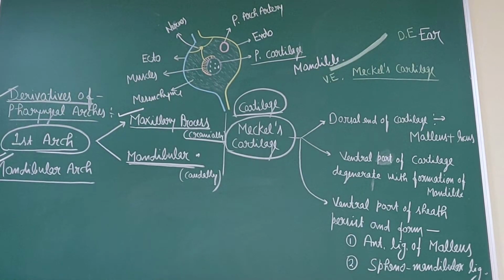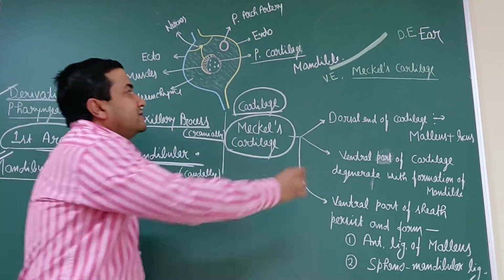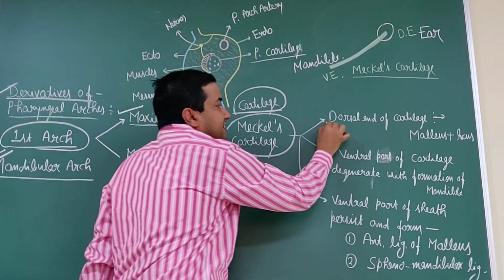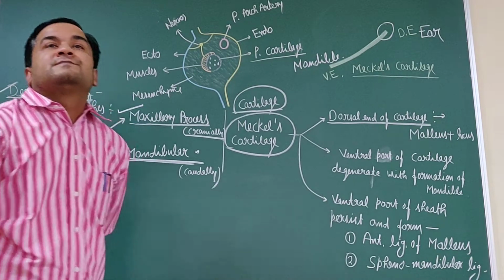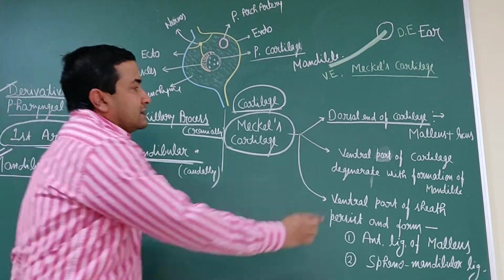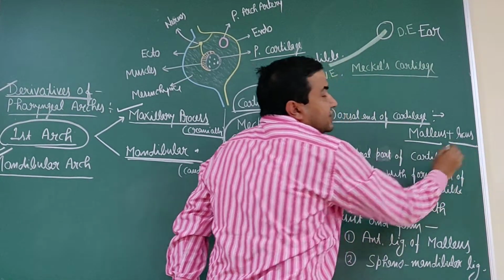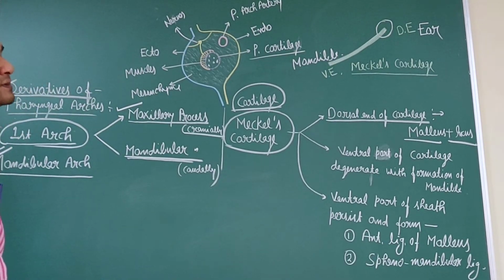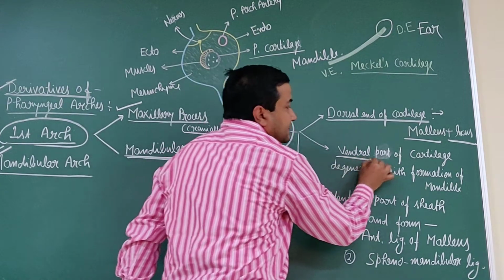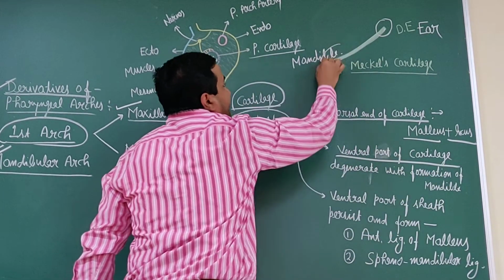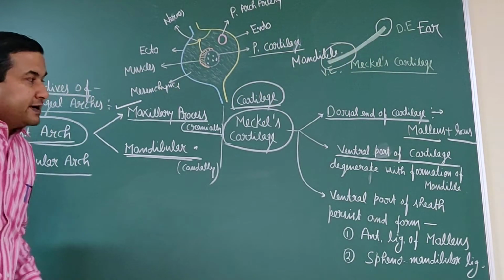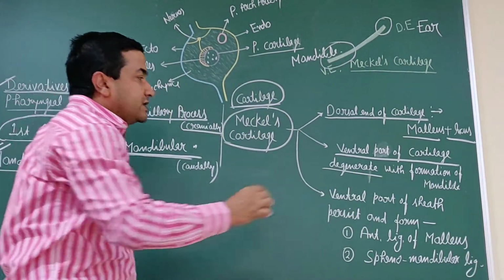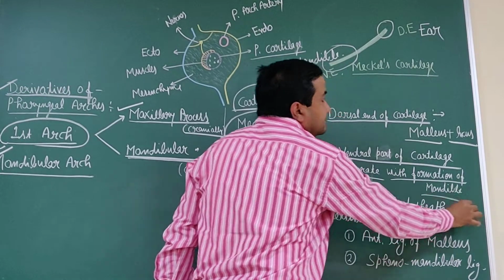Now its dorsal end forms the malleus and the incus, bones of the middle ear. Now the ventral part of this cartilage is obliterated, degenerated with the formation of the mandible.